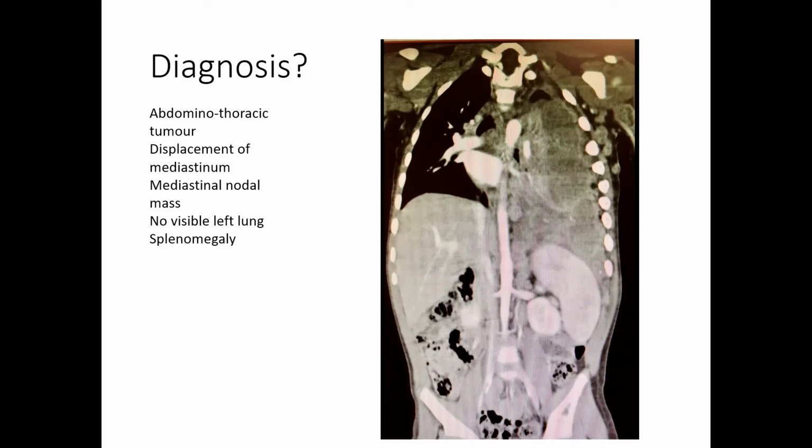And there's not a lot of things that do that. One of the things that do that, of course, is neuroblastoma. But there is displacement of the mediastinum, there's a mediastinal mass, and probably a bit of splenomegaly, but there's certainly no lung visible on the left. Next slide.